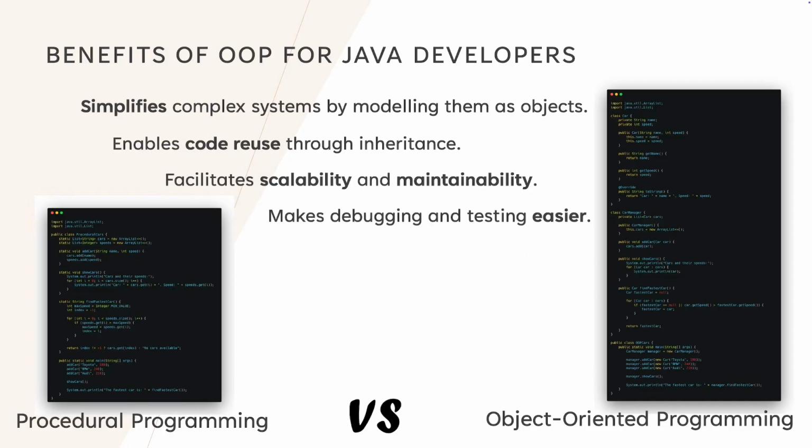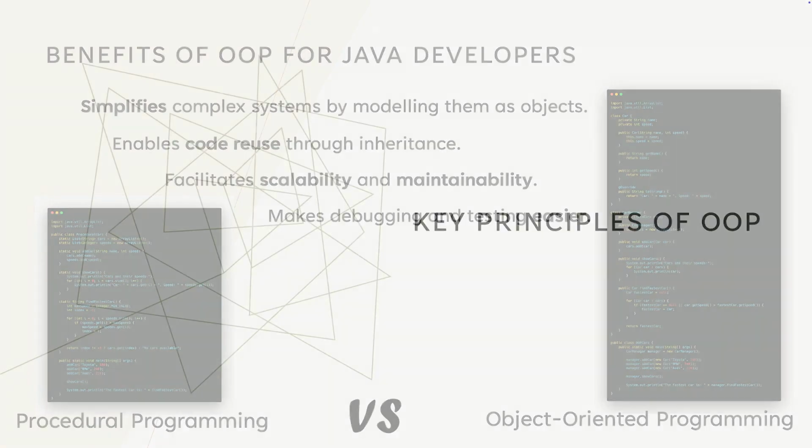Additionally, OOP makes debugging and testing more straightforward, because you can isolate issues within specific objects or classes. For Java, these benefits are essential as the language is designed with OOP at its core.